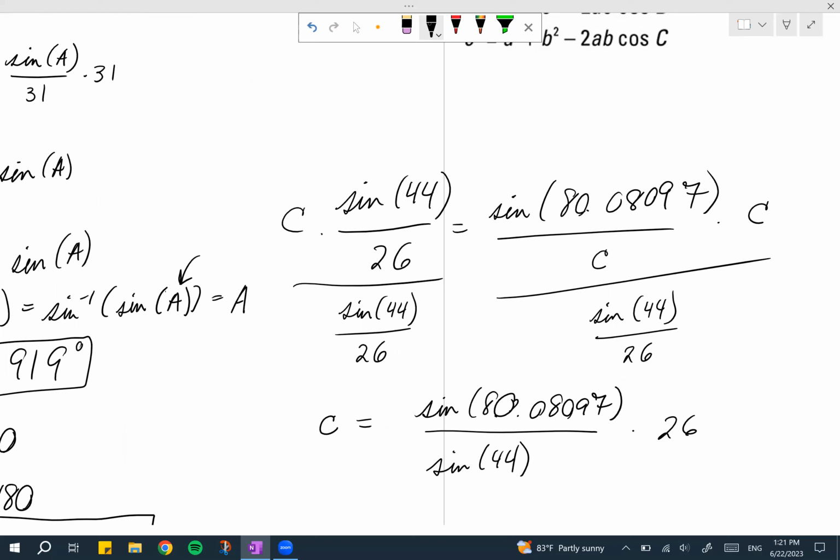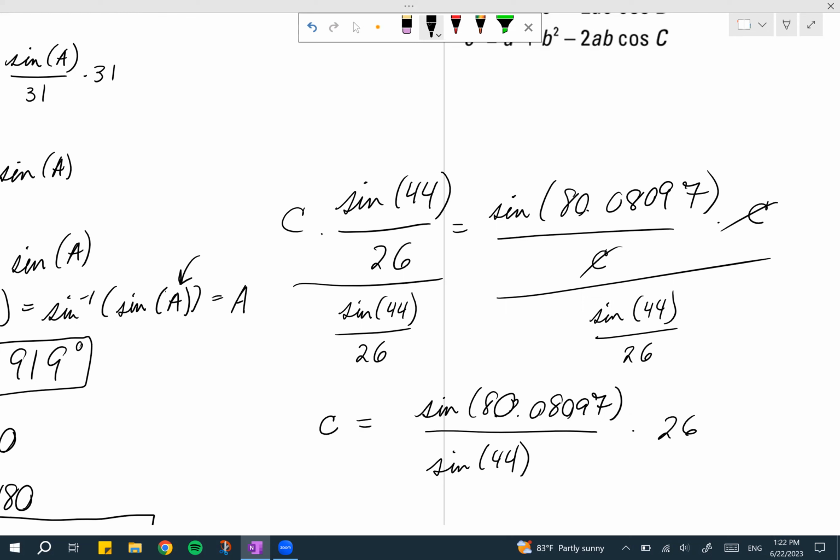Because I keep my numerator, these cancel out. I keep my numerator, flip my denominator, and change my sign. So when I plug this in the calculator, I get sine of that stuff divided by sine of 44 times 26.